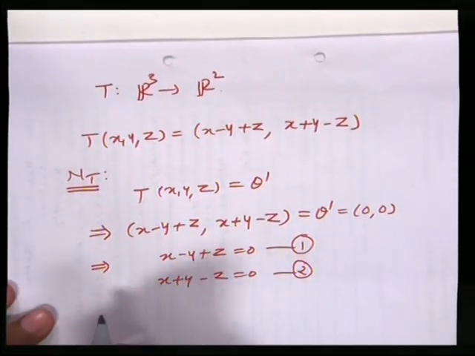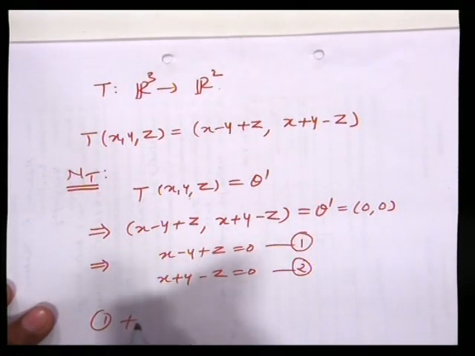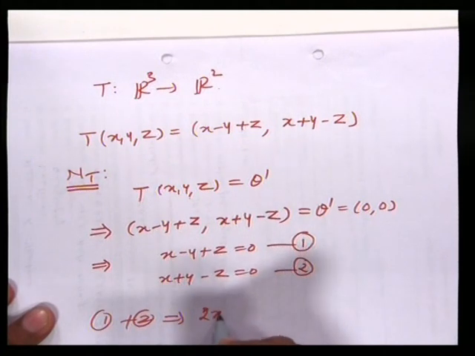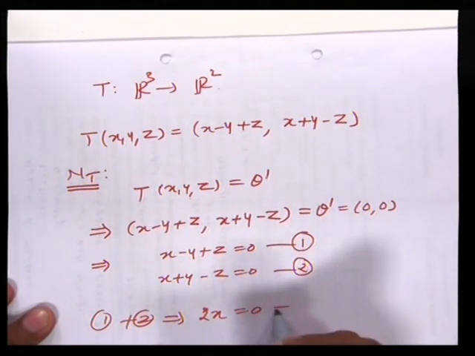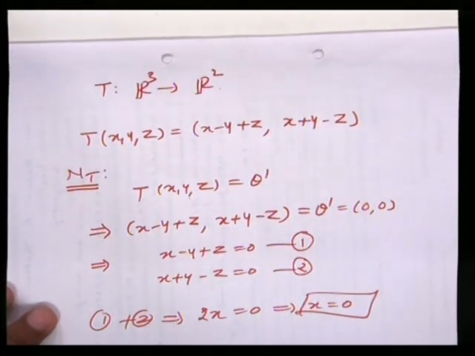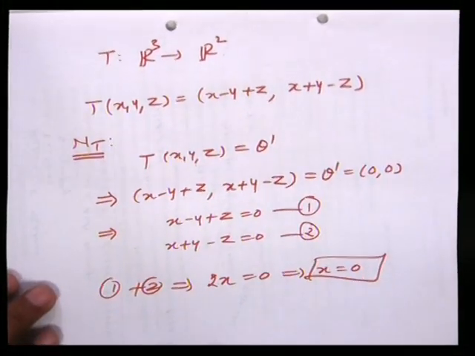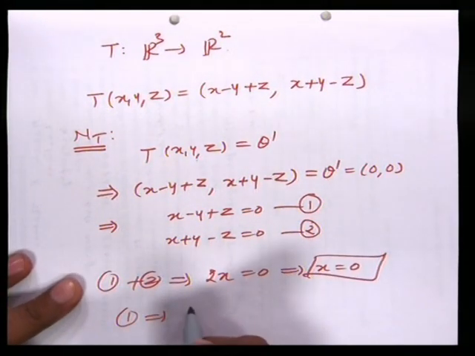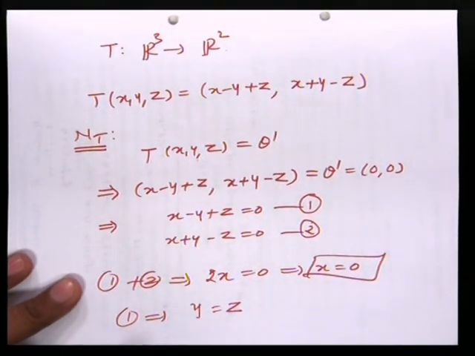Now if we add these 2 equations, 1 plus 2, this gives 2x equal to 0. It means x is equal to 0. Putting x equal to 0 in 1, we get y is equal to z.